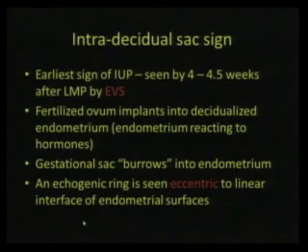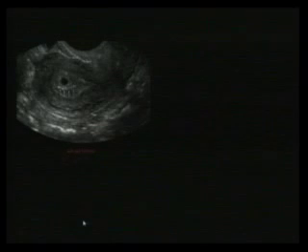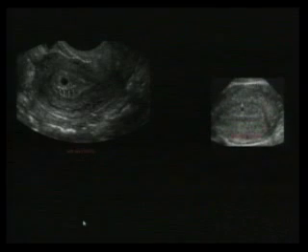Then you'll see this echogenic ring, which is the interface of the endometrial surfaces. So this is what we're looking for. Here's the endometrium, and you see this little echogenic line. This is the sign, and here's the sac located eccentrically within the endometrium.